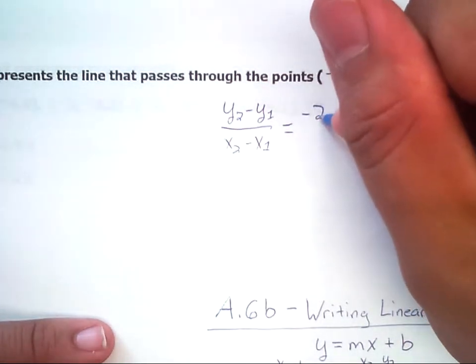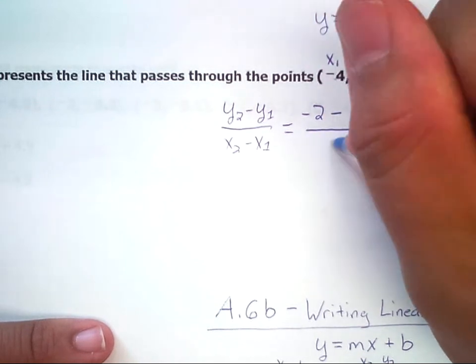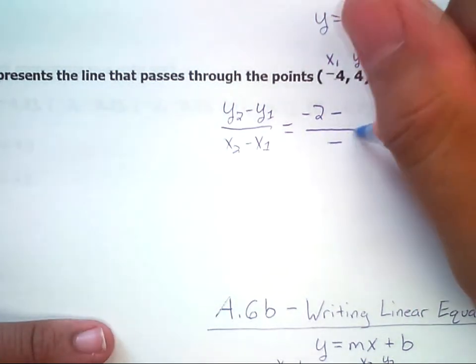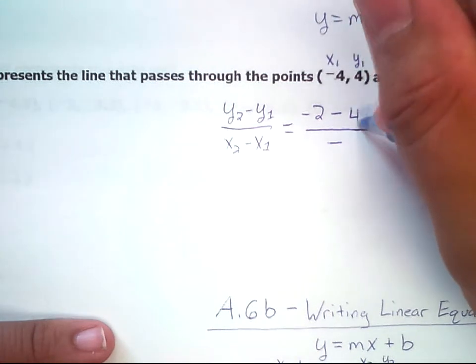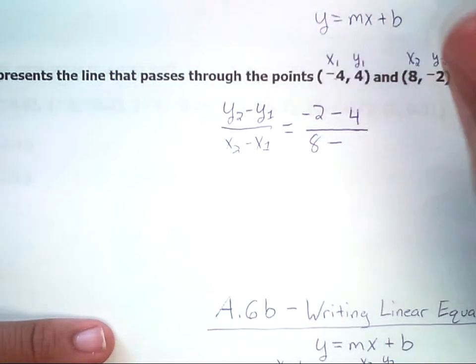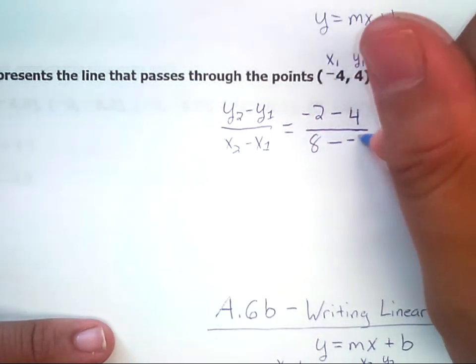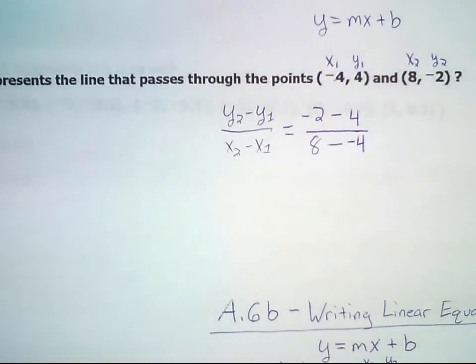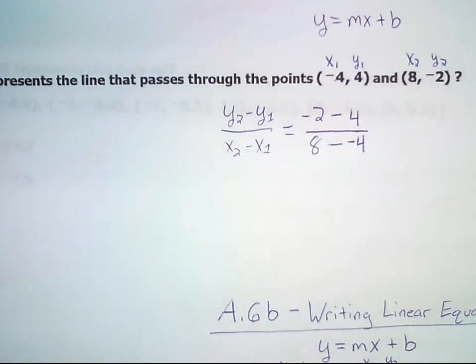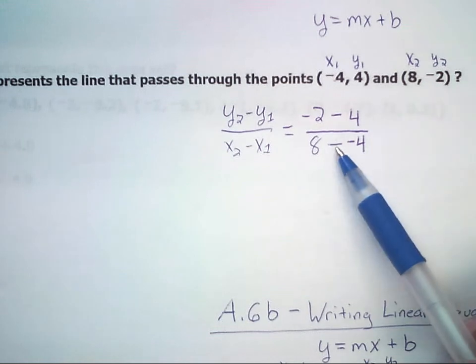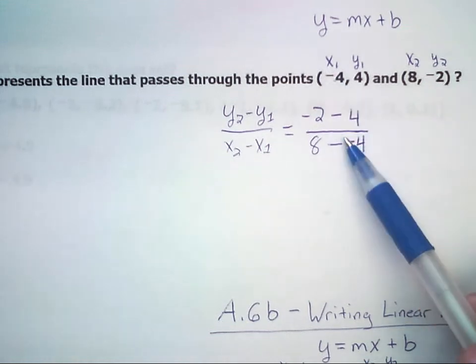So -2. Like I said earlier, there's a minus sign there already, so I'm going to put it in there so I don't forget. And y1 is 4. Then on the bottom, x2 is 8 and x1 is -4. Now you see why I made sure I wrote the minus sign beforehand, because I know a lot of students make the mistake of thinking, well, the minus is already there, so I don't have to break it down. It's hard to argue with that because visually I understand, but there was already a minus sign there, and you're bringing another negative.